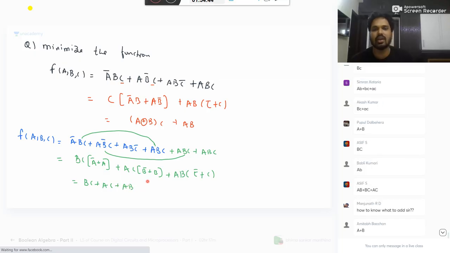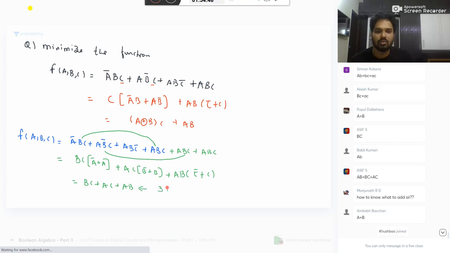This has one important name, called 3 input majority gate. 3 input majority gate, or it is also called 2 by 3 voting logic. This is used in industries, this AB plus BC plus AC logic.